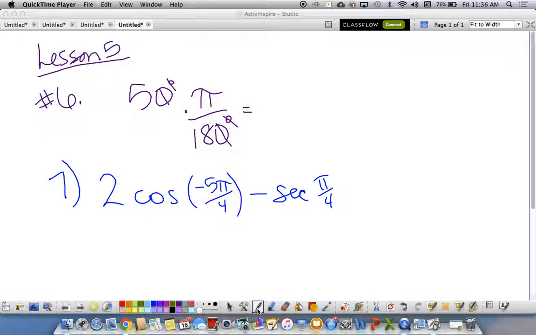What are you doing with this problem? This is a trig review problem, you know what these are. So you got your plate out, you're looking. Where is 5 pi over 4? Where is negative 5 pi over 4?